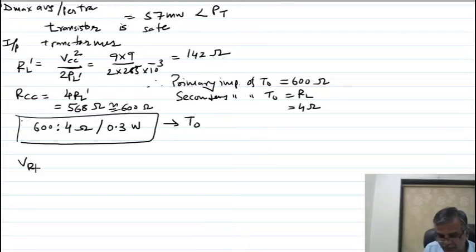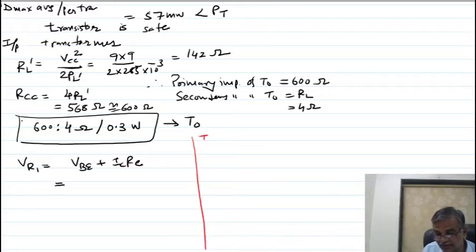Now, what is VR1? VBE plus ICRE. Now IC I have to calculate. Already you know that ICP = VCC by RL' = 9 upon 142, 63 milliampere.